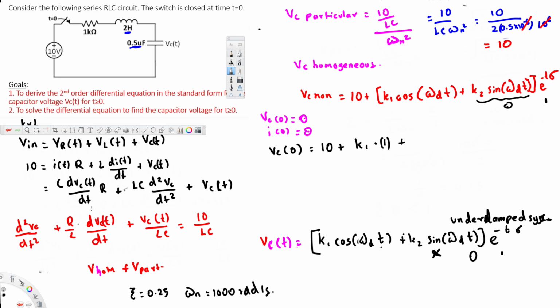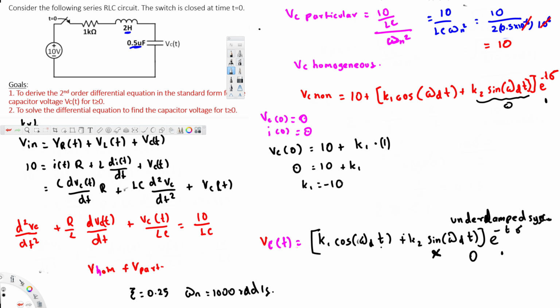Because Vc of 0 is also 0, we can write 0 equals 10 plus k1. Therefore k1 is equal to negative 10. Now we have found k1.